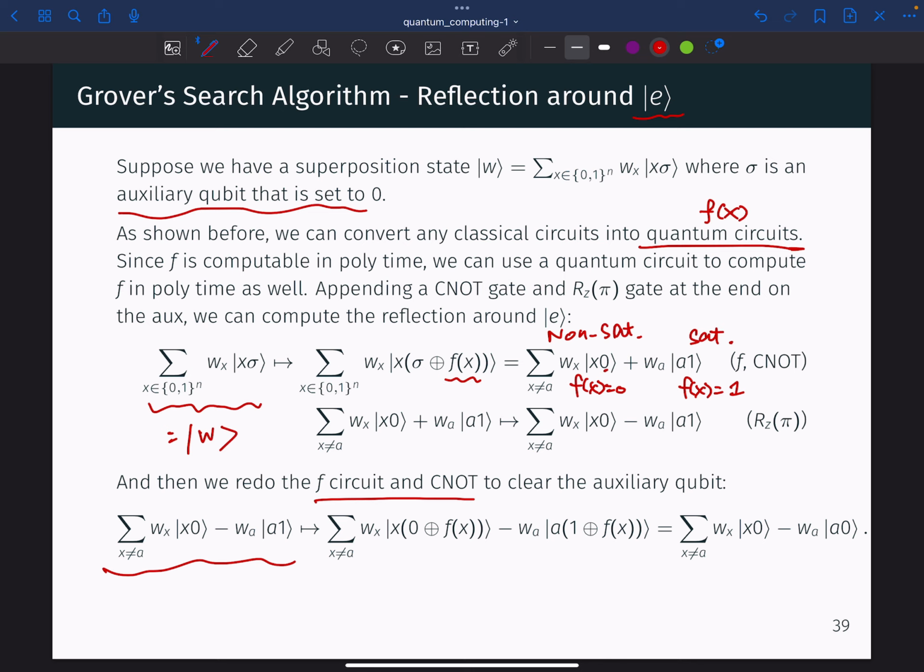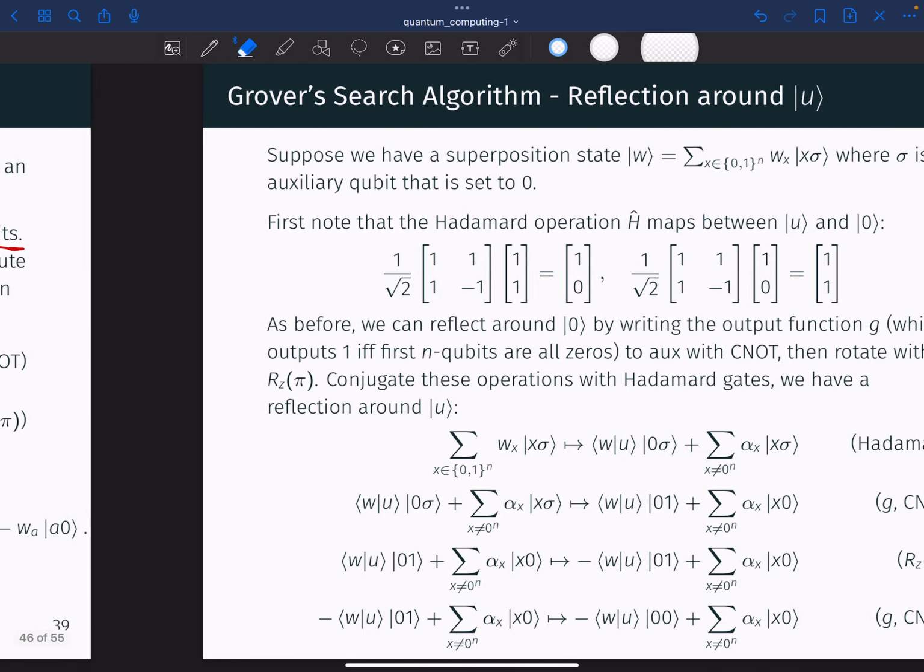This will effectively remove this bit, because in this case f(x) is equal to 1. So in the end we will have the auxiliary bit equal to 0 in both cases. So this is the reflection around E.